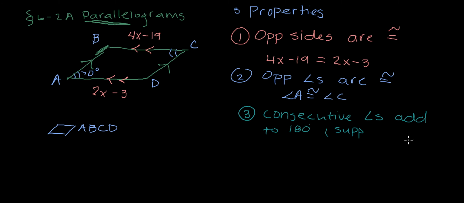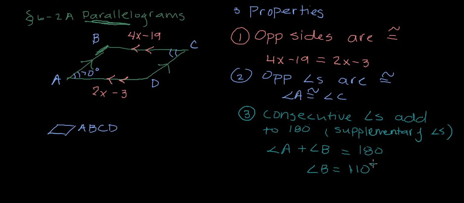So if you are consecutive angles, then you are supplementary angles. What that tells me is that angle A, when I add it to angle B, is going to give me 180. So that means angle B is going to have to be, what do you think, give you a second. That's right, angle B has got to be 110.